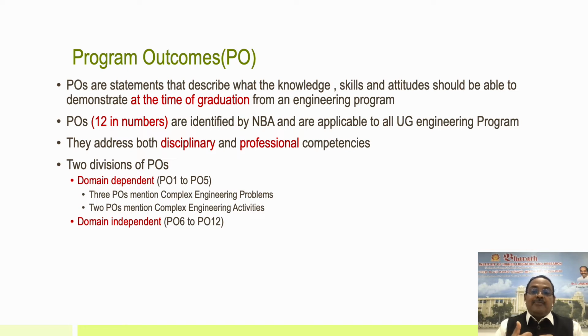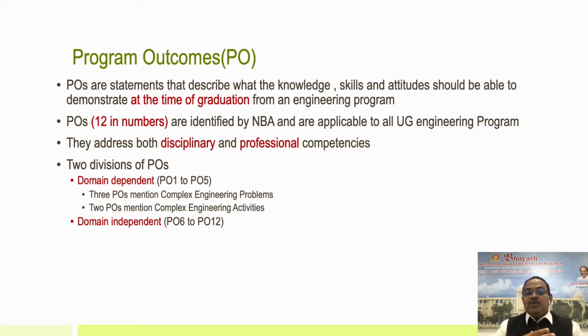The National Board of Accreditation, NBA, has adopted the Washington Accord standard program outcomes for the undergraduate engineering programs. Specifically, Tier 1 institutions are academically independent. In these Tier 1 institutions, the 12 POs are identified and adopted. It addresses both disciplinary and professional competencies.